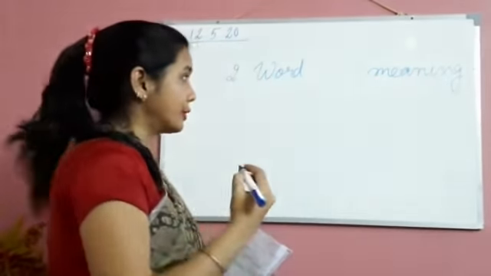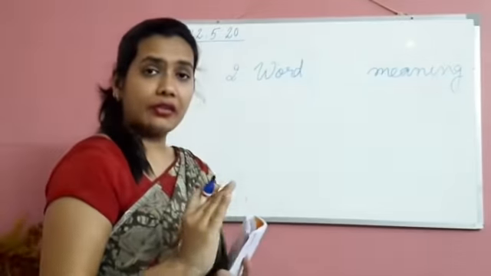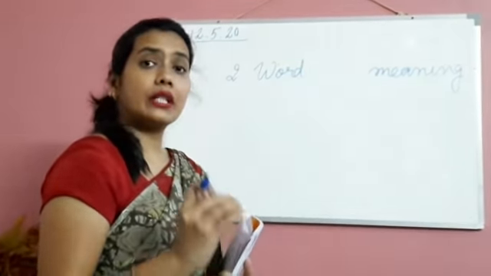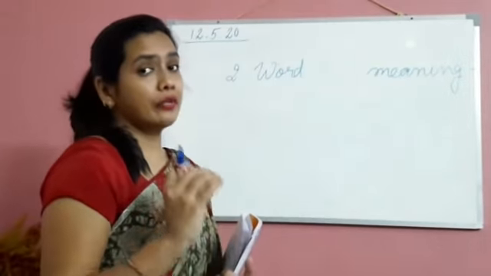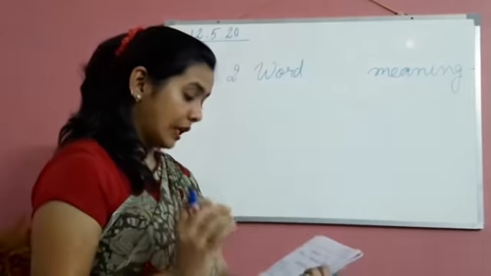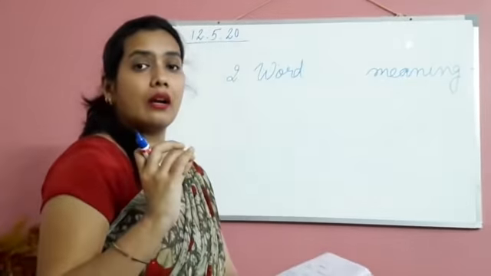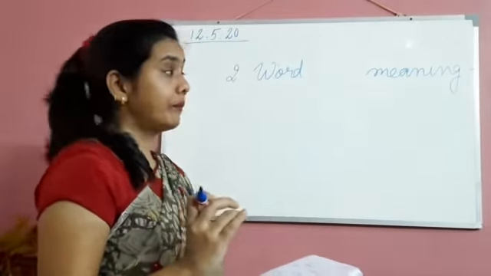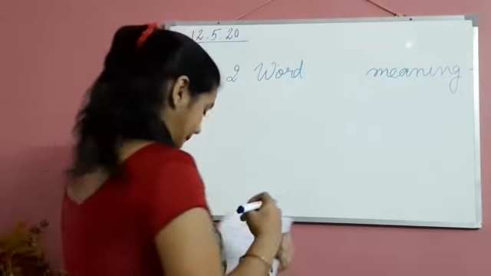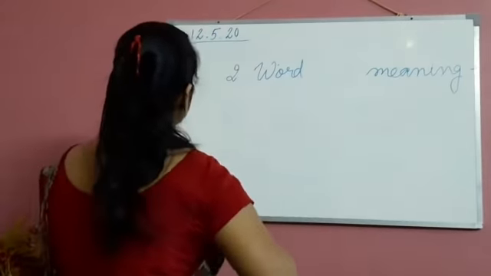Then you will write word meaning. First page, write down first 5 lines of the poem. Second page, you write dictation words. 5 dictation words I have given. That is sweet, airplane, window, forest or actor. Okay. Then you go for the next new page and you write down the word meaning of this lesson.